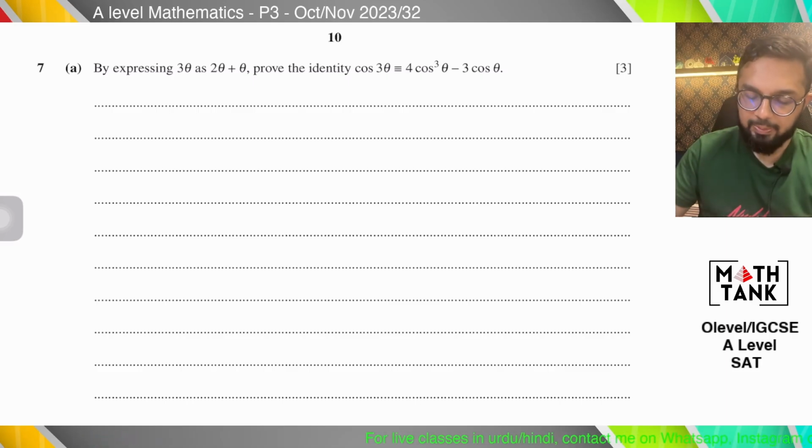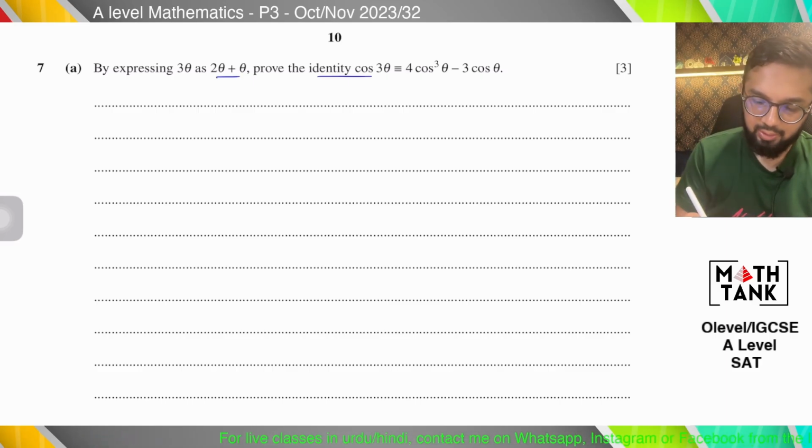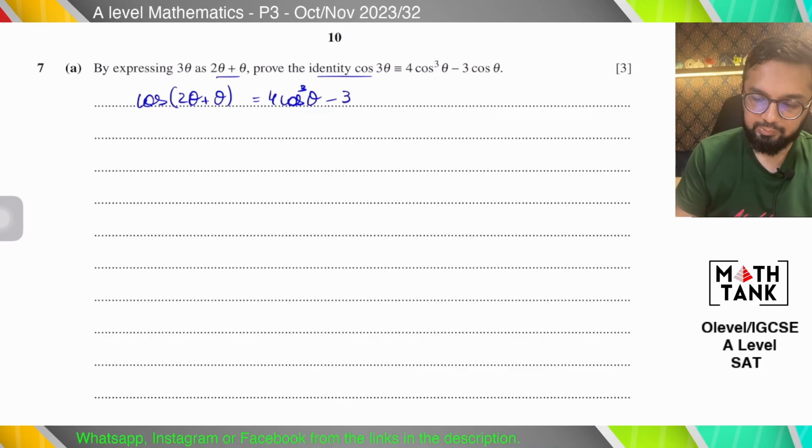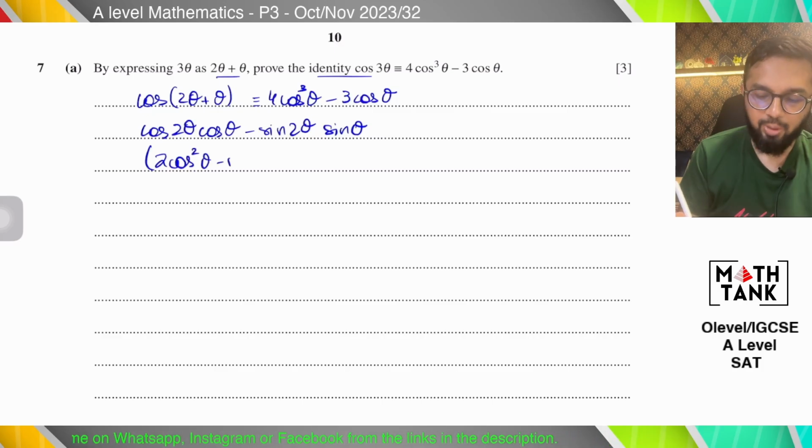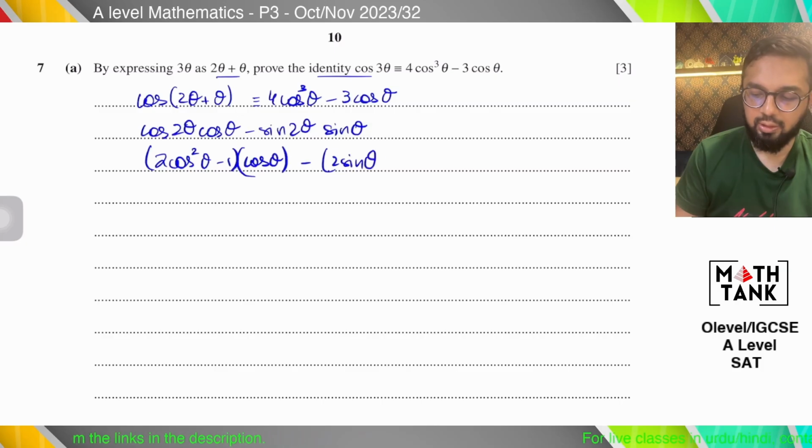Then it says by expressing 3 theta as 2 theta plus theta, prove the identity. So cos of 2 theta plus theta. So I have cos 2 theta cos theta minus sine 2 theta sine theta. 2 cos square theta minus 1 times cos theta, minus 2 sine theta cos theta into sine theta.